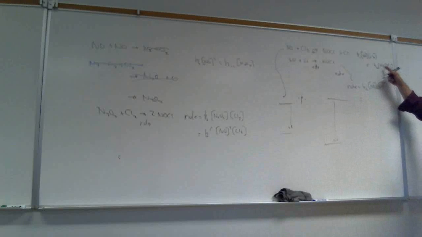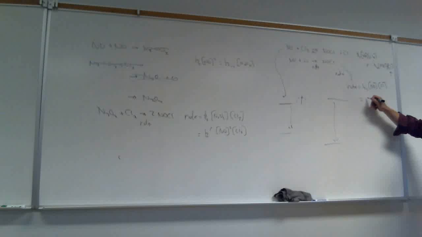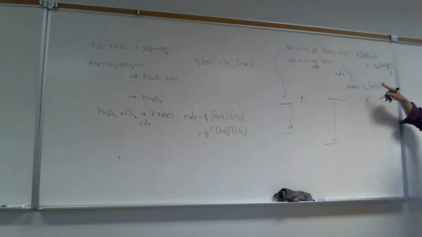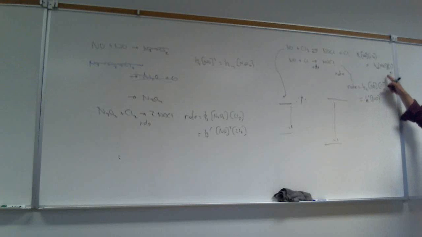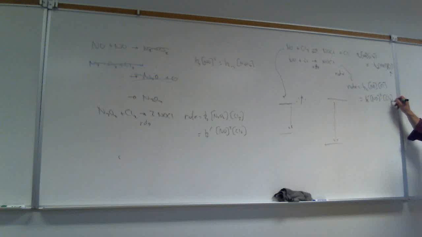And substituting the Cl in there, we get K prime. Let's just call it K prime, NO squared Cl2 divided by NOCl.